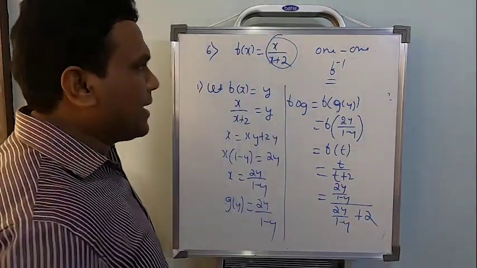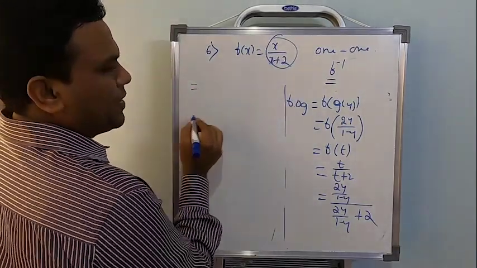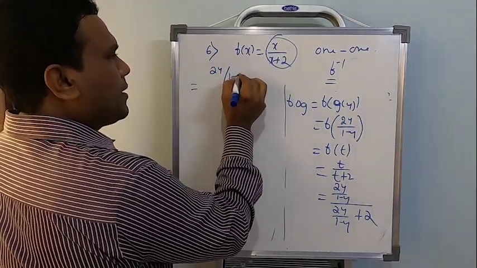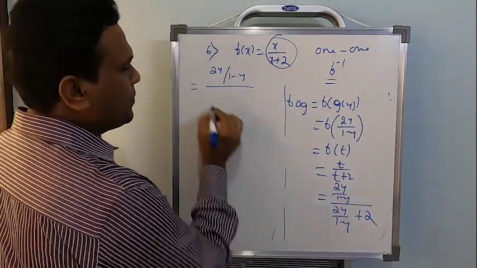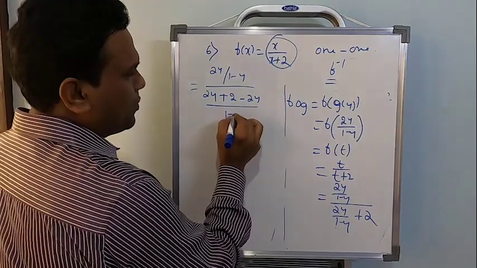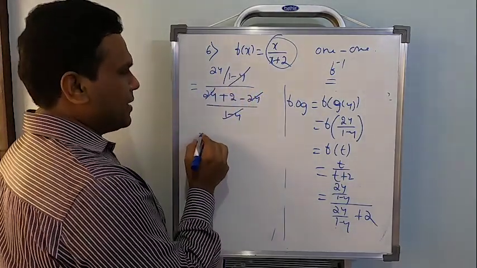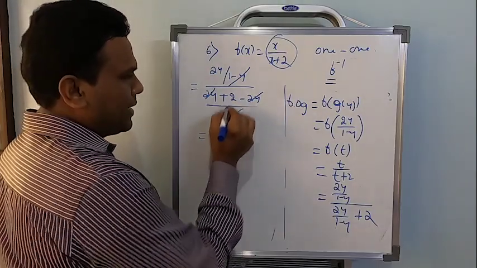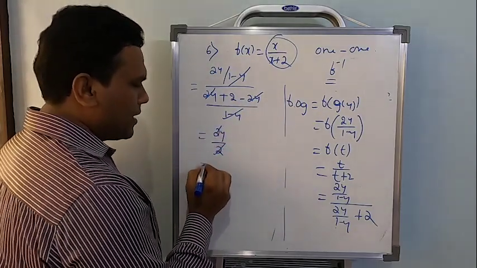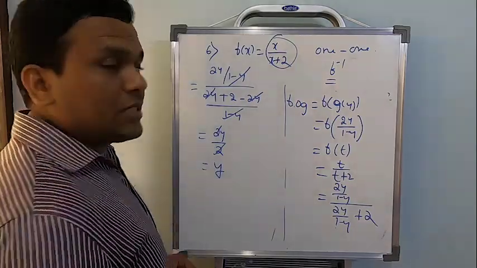Keep simplifying till I get y from this. So what will happen if I simplify further? In the denominator, take LCM: 2y plus 2 minus 2y by 1 minus y. First this will get eliminated, then 1 minus y, the remaining is what? 2y, and in the denominator 2, eliminate this also, it's y. Clear? Now this is f of g.